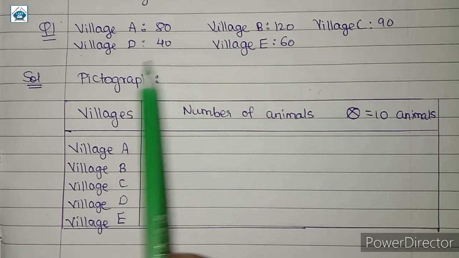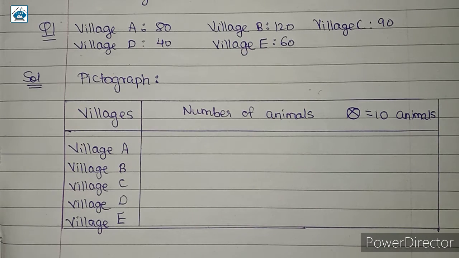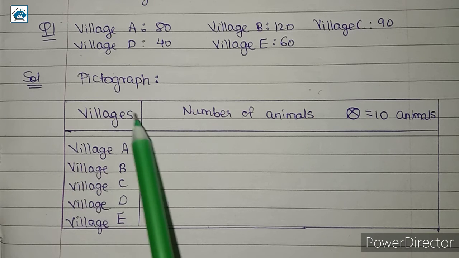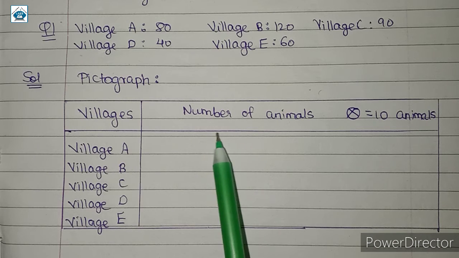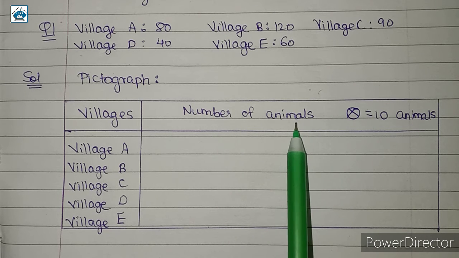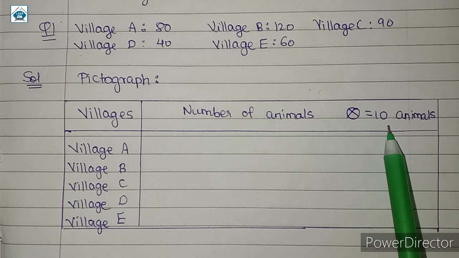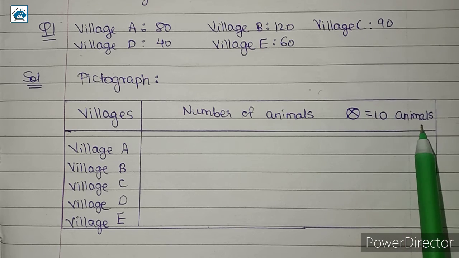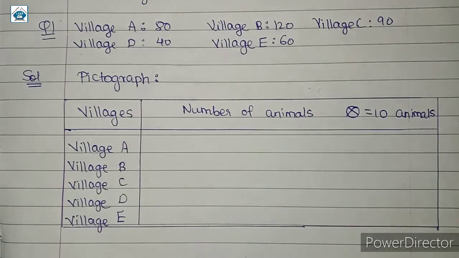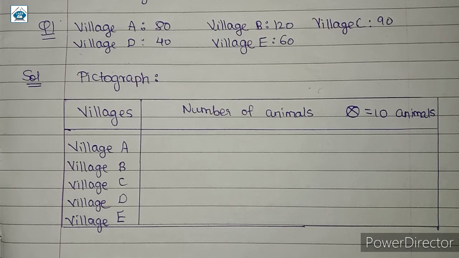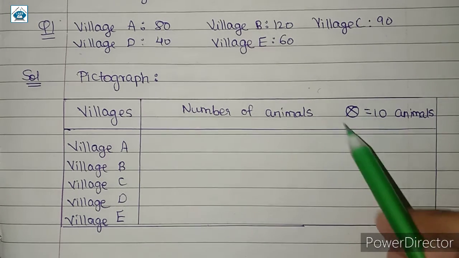Here we have the given data and I have drawn 2 columns for preparing the pictograph. In the first column we have villages from A to E and in the second column we need to represent the number of animals where this symbol represents 10 animals. In village A we have 80 animals in total. So we have to represent 80 using this symbol.